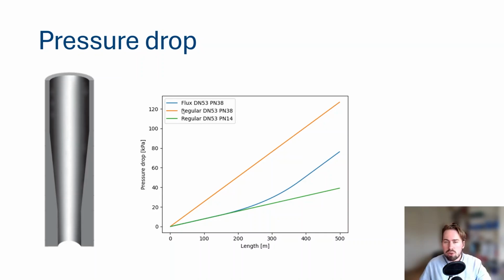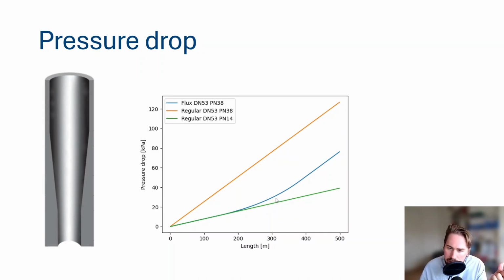Now if we have our flux solution, we see that at the beginning it's just a PN40, so the pressure drop is significantly lower. And then after a certain point, where the conical part begins, which depends on which vario and flux probe you have, it starts to deviate because we're increasing the wall thickness, so our flow rate becomes higher and higher, and the pressure drop also increases.